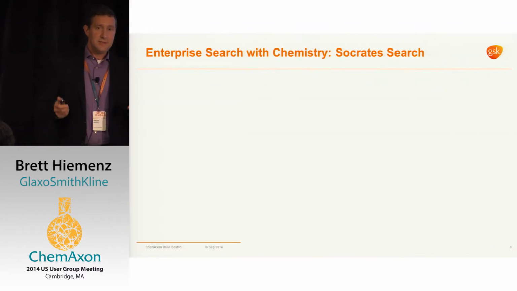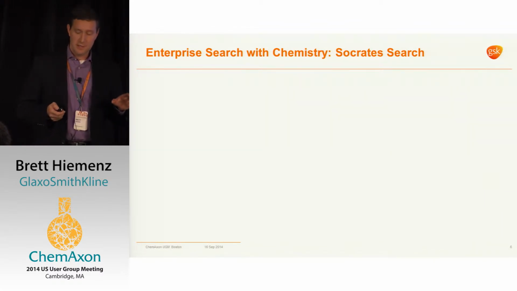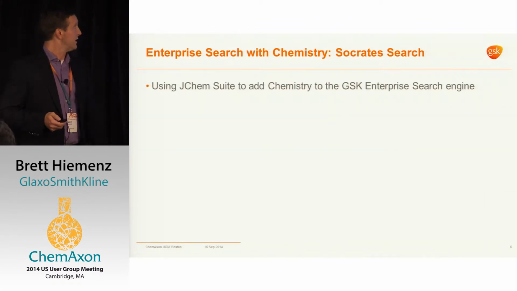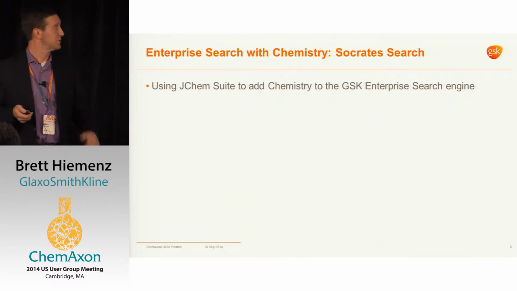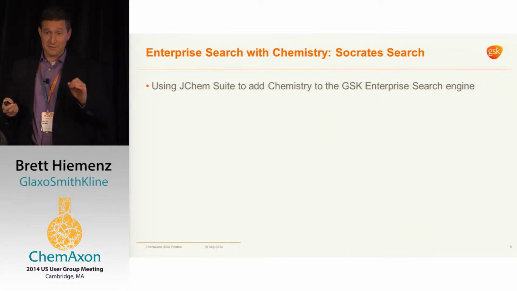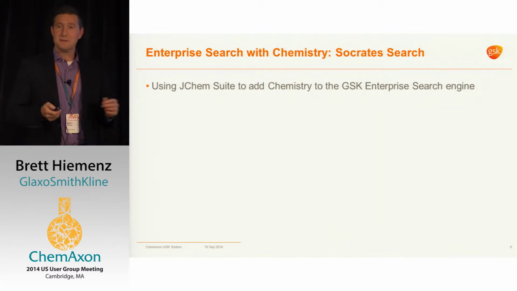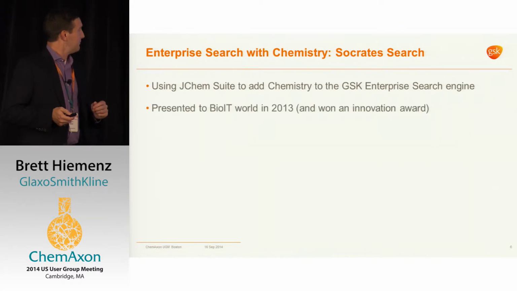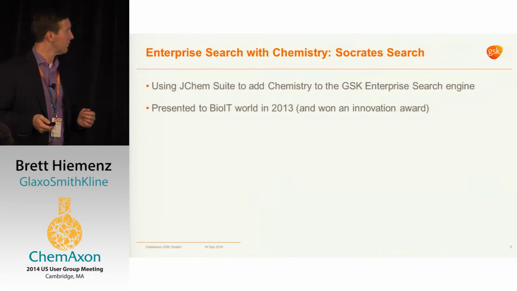So, in addition to those two Plexus touch points, we continue to leverage the tools that we started with in 2009, that is the JChem suite, or the toolkit and cartridge capability, to build upon the GSK Enterprise Search Engine. And if this looks really similar to some of the stuff you've seen earlier, no big surprise there. We presented something at BioIT in 2013, won an innovation award for it.